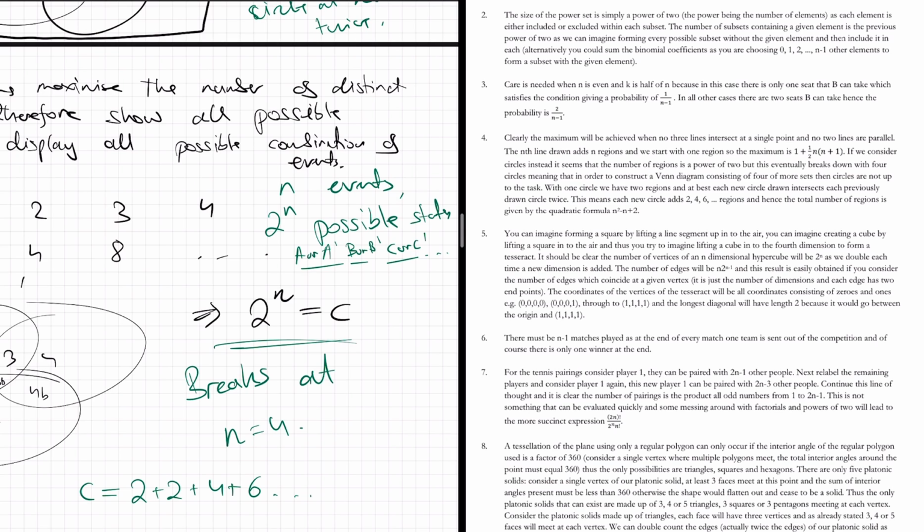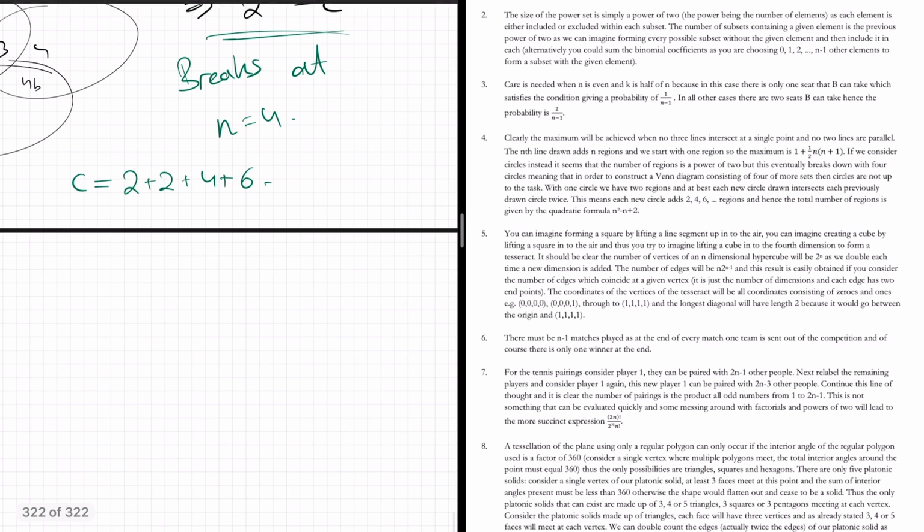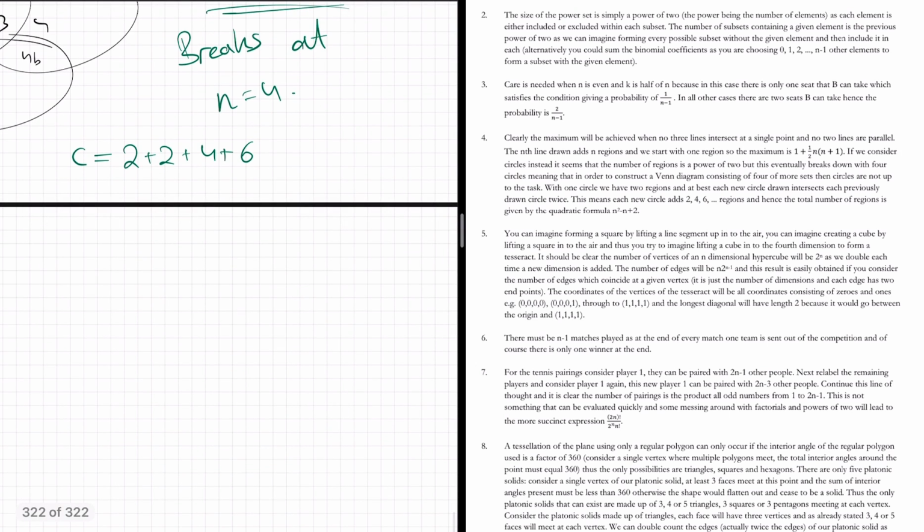What do you call this? This is an arithmetic sequence, right? So this is n equals 2, this is n equals 3, n equals 4, going until the final term, which would be 2n minus 2.